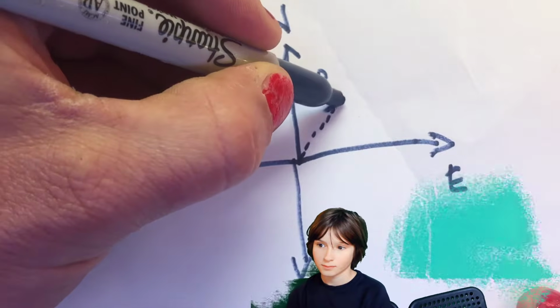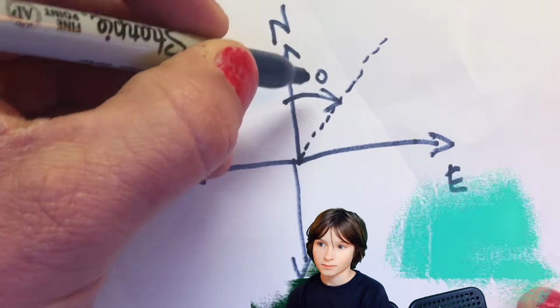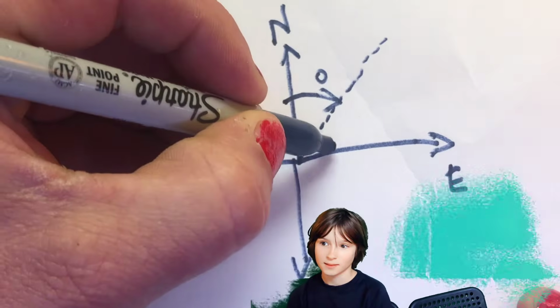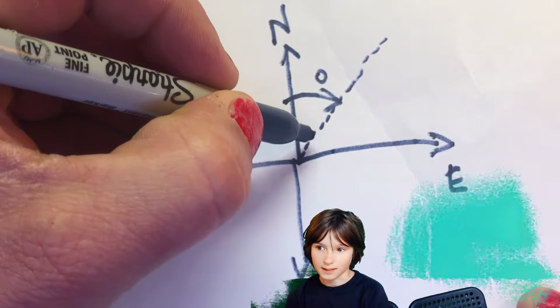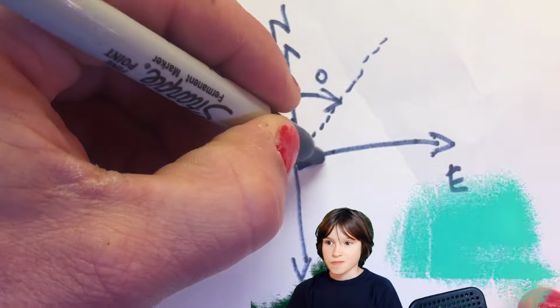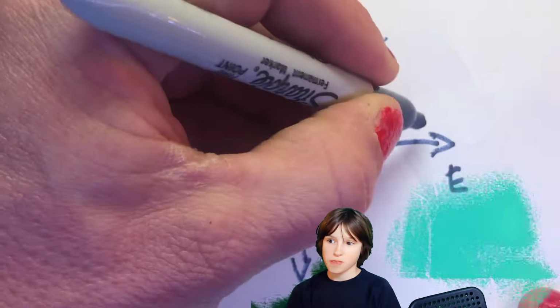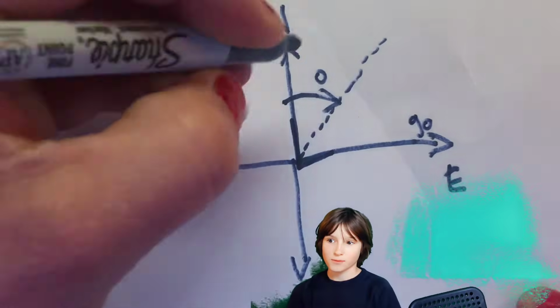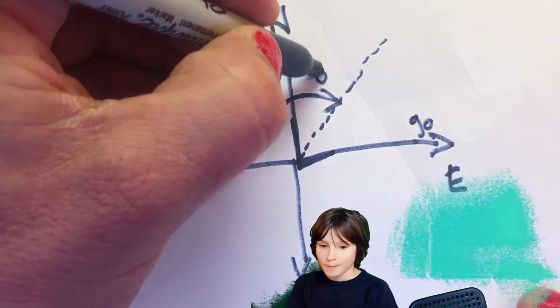Now, how much is that angle here? Northwest, like half of those two. Well, what is a square angle? You know? 90 degrees. So half of 90 is? 45.